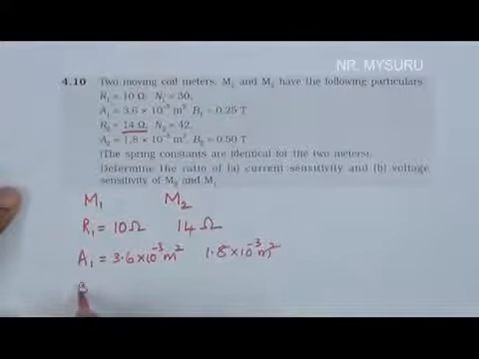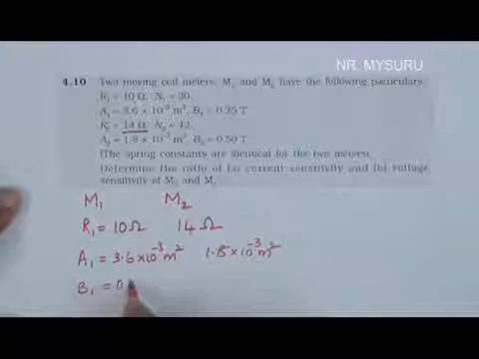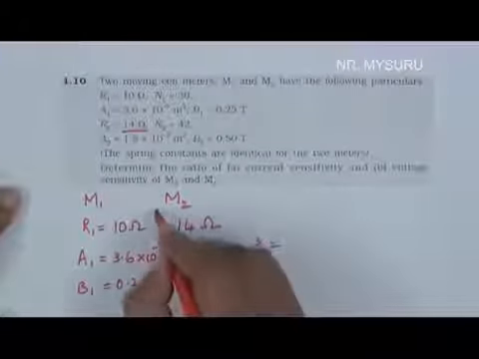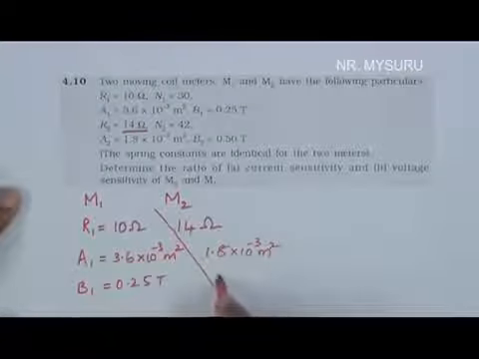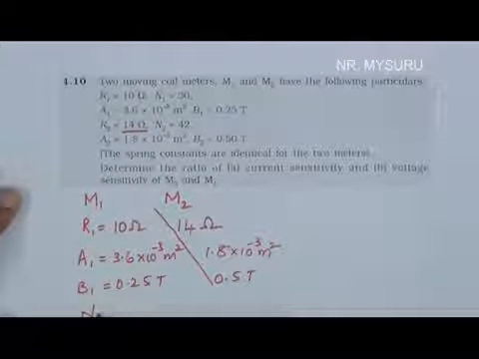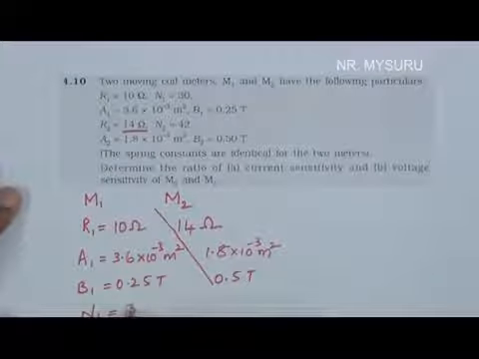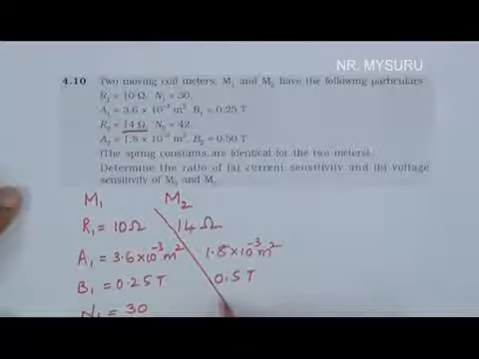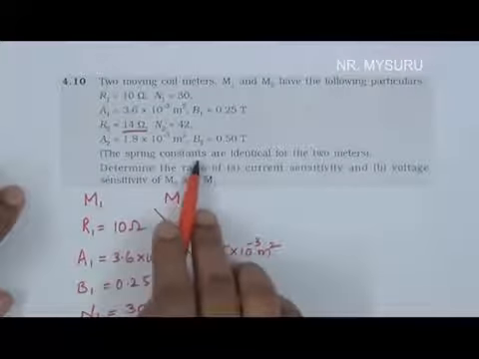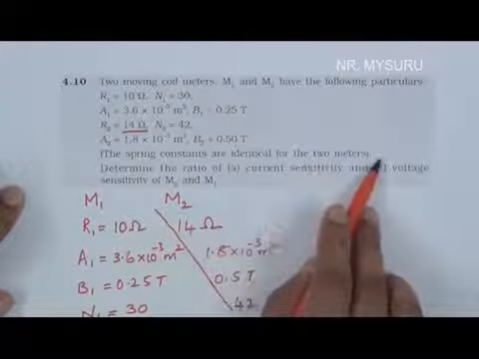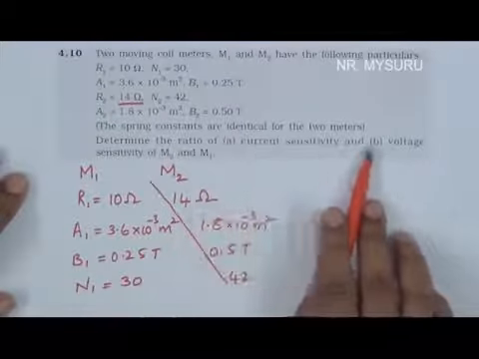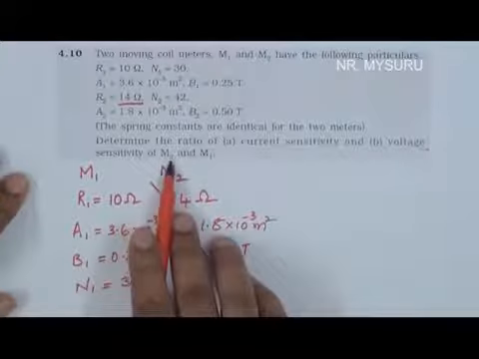The magnetic field B1 equals 0.25 Tesla, and for the second coil, 0.5 Tesla. The number of turns is 30 for the first, and for the second it is 42. The spring constants are identical for the 2 meters. Determine the ratio of current sensitivity and voltage sensitivity of M2 to M1.